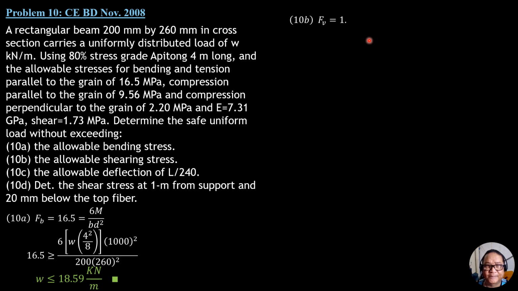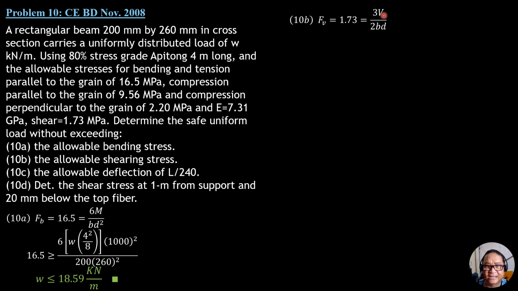The general formula is VQ over IB, right? So 1.73 should be greater or equal to 3 times maximum shear over 2BD. Because the beam is end supported and the supports are simple, this V here is simply WL over 2.